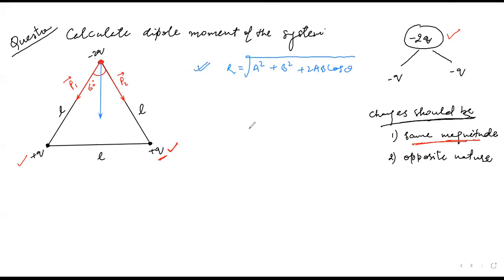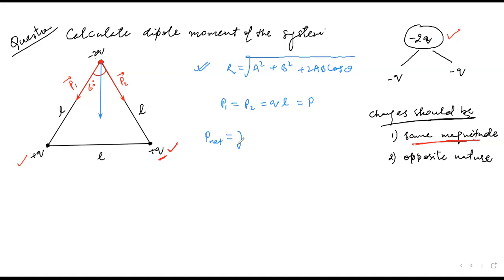Now we already know the value of P1 is Q into L, and the value of P1 and P2 both are Q into L, so we can consider it as P. Now what will be the net dipole moment?